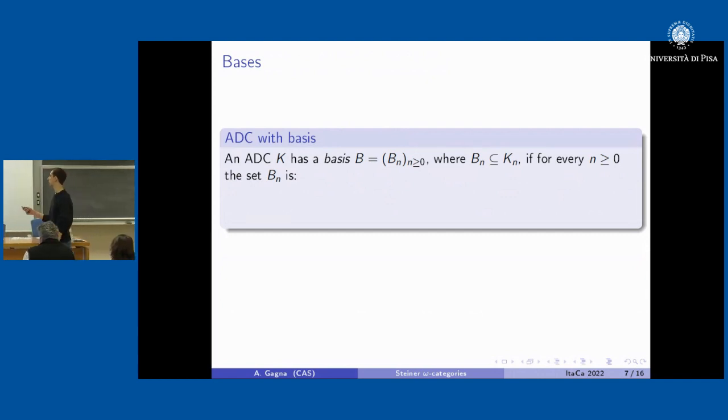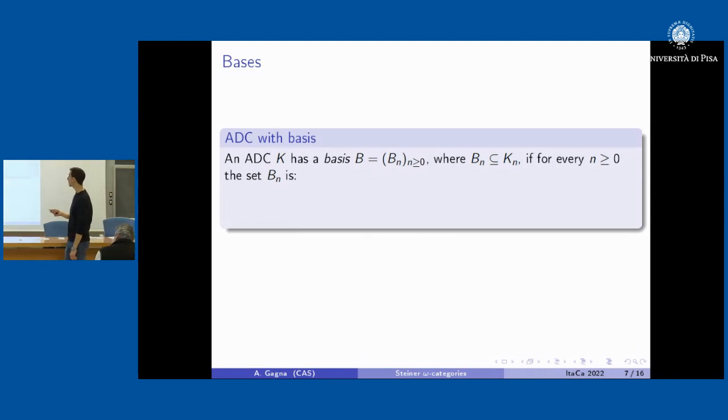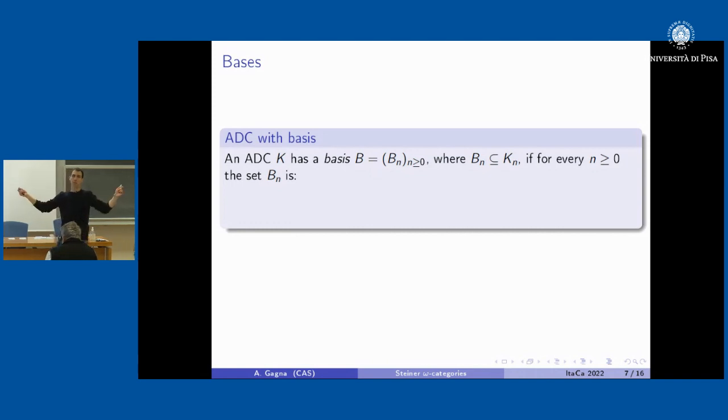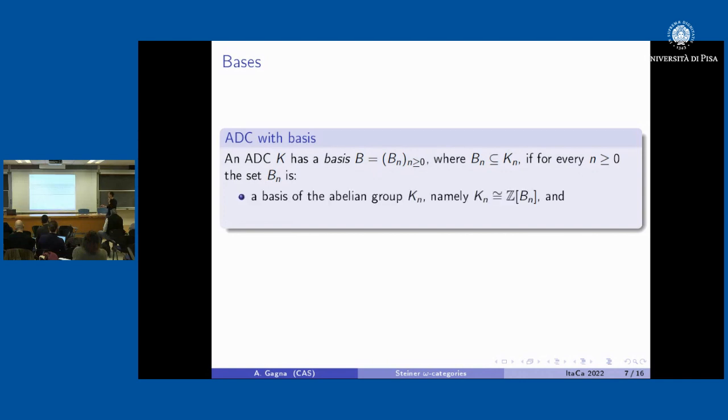So we say that an augmented directed complex has a basis if at each degree, each Kn, abelian group, is freely generated by some elements. So it's a direct sum of Z's, of the integers. But then there is the positivity. So each Kn is a free abelian group on some set Bn.